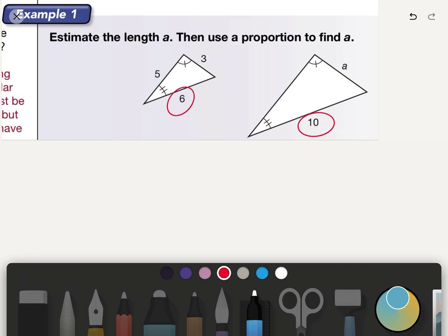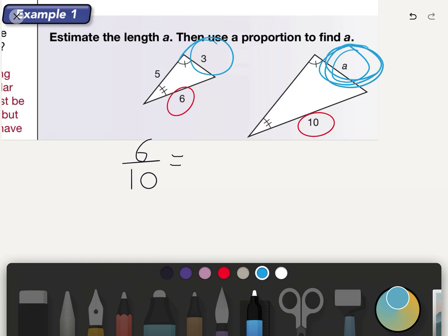So example 1, we are estimating the length of side A. We can look at these two sides and say, well, if this is a 6 to 10 ratio, then these two sides also have to be proportional.